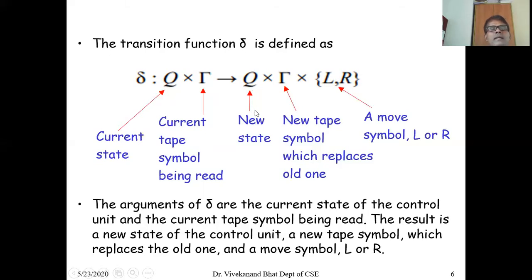From that we get a new state and a new tape symbol which replaces the old one, and a move symbol that is left or right. So the arguments of delta are the current state of the control unit and the current tape symbol being read. The result is the new state of the control unit, a new tape symbol which replaces the old one, and a move symbol, left or right.